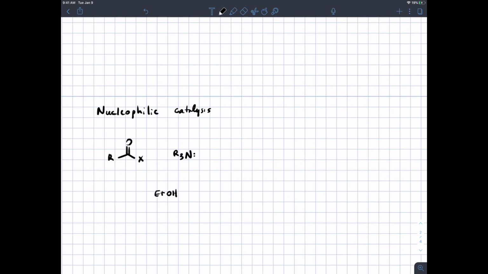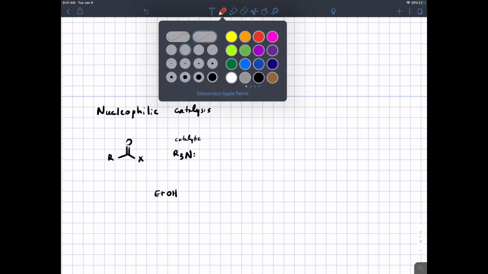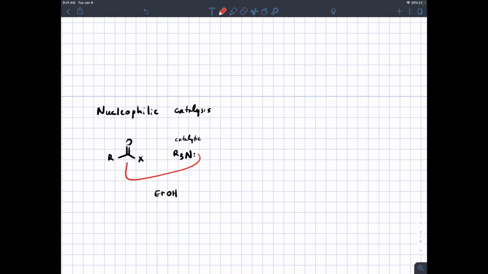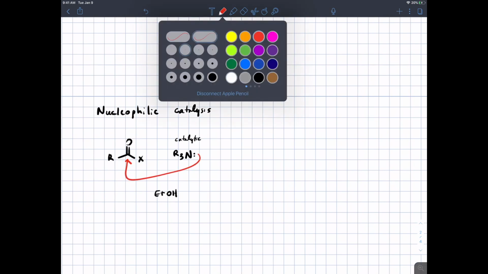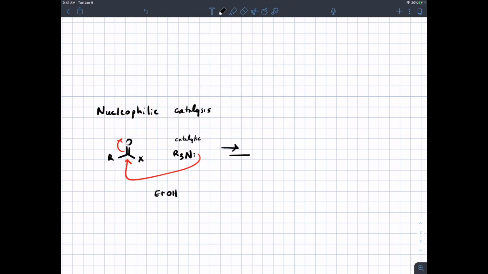So one of the things people do is they put a catalytic amount of a molecule that should be more nucleophilic than the thing you ultimately want to replace the leaving group. You attack the carbonyl carbon, you get to this molecule, and the trialkyl nitrogen is more nucleophilic than the alcohol.